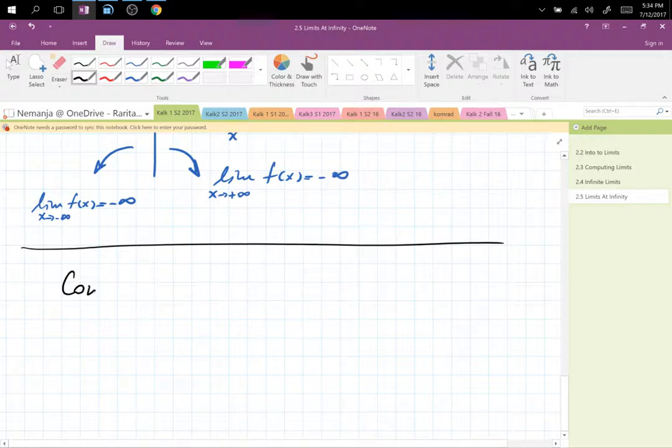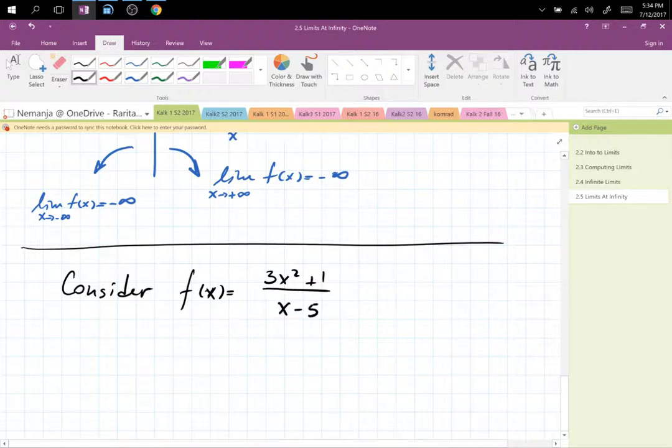So consider the function f of x equals 3x squared plus 1 divided by x minus 5. Do we have a horizontal asymptote there? Go on. Crank the limit, see.